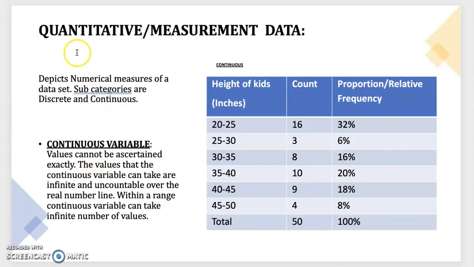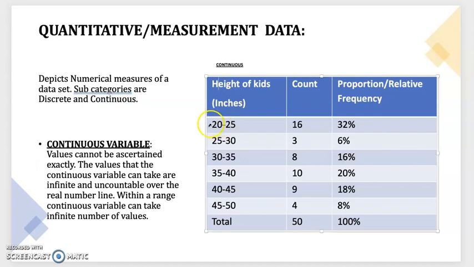For the next one, we're still using quantitative data, but now they are continuous. We still try to get the count, how many, and the frequency using the proportion, divided into the relative frequency. Here the data category is the height of the kids.